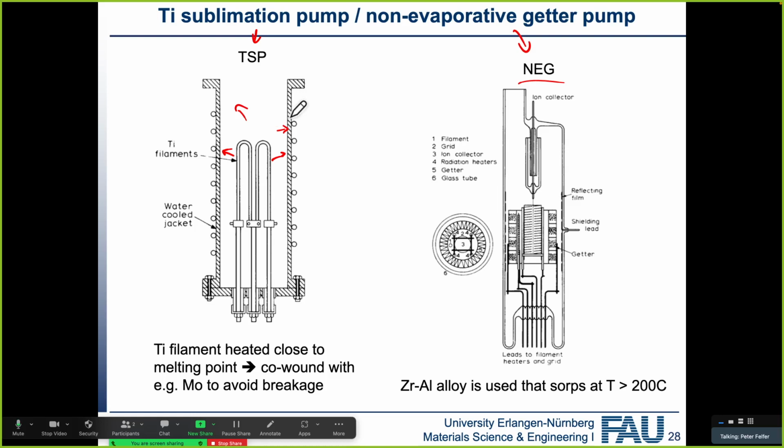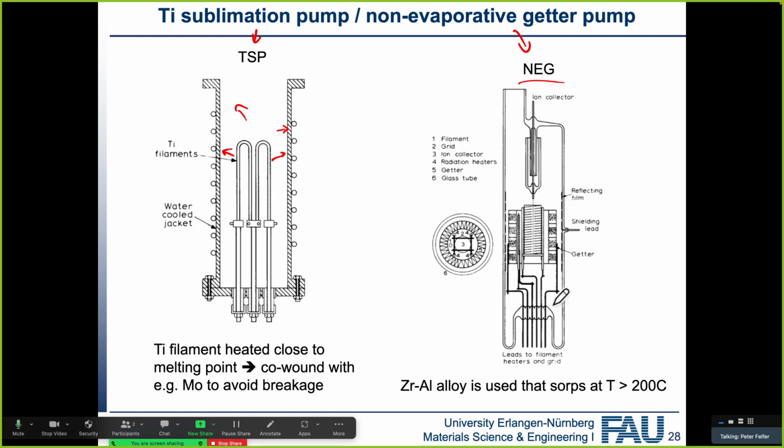But in this case, it's an alloy that swallows its own oxide at a reasonably low temperature. Titanium does it as well, by the way, but with titanium, you need to go up between 450 and 600 degrees C before titanium takes up its own oxide, which is not really doable for an ultra-high vacuum system to really go to these temperatures.